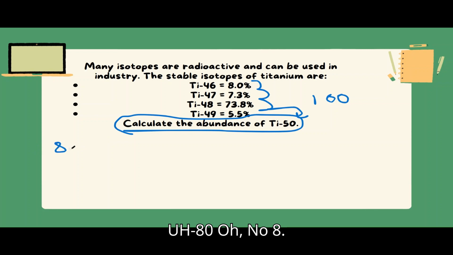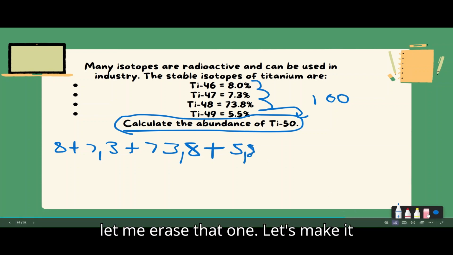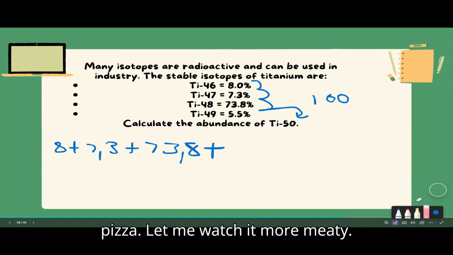8, plus 7.3 plus 73.8 plus 5.5. Now let me erase that one. Let's make it better.